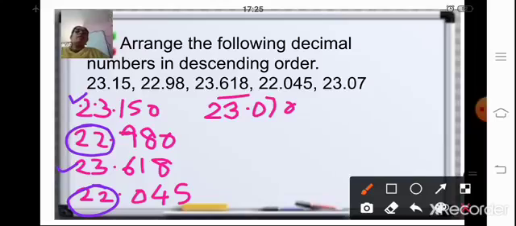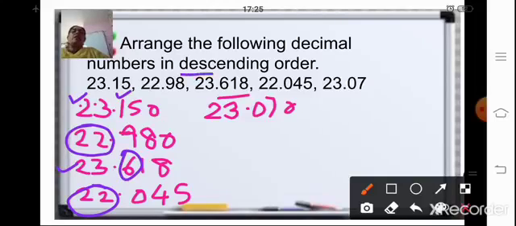So to arrange the numbers in descending order, we'll go from bigger decimal number to smaller decimal number. So we'll take 23 as the integral part first. In 23, 3 numbers have the same integral part, so we'll compare the number in the 10th place. Now in the 10th place, here it is 1, here it is 6 and here it is 0.